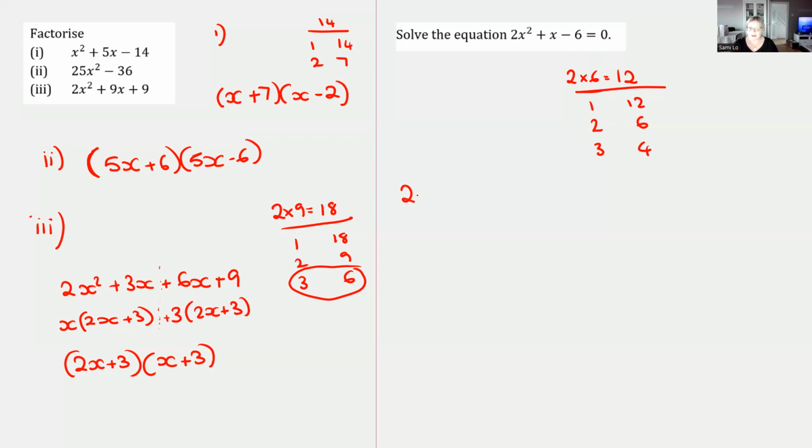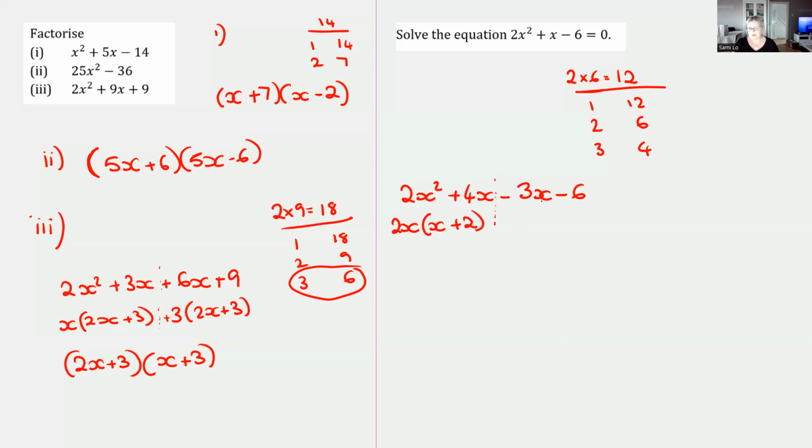Okay, so I'm going to write these out now. So 2x squared plus 4x minus 3x minus 6. Again, dot it down the line. This time in common, I've got 2x that's in common with both. x plus 2.